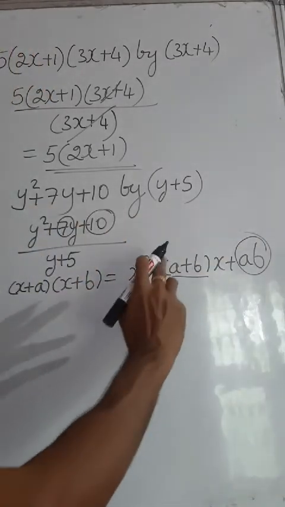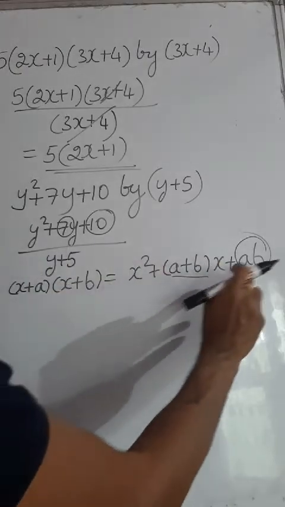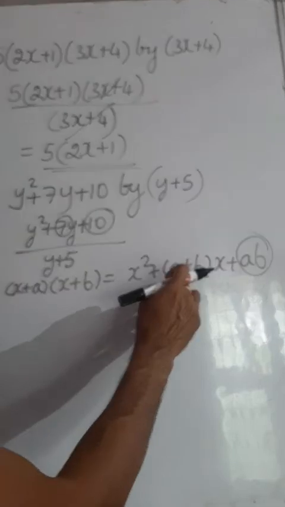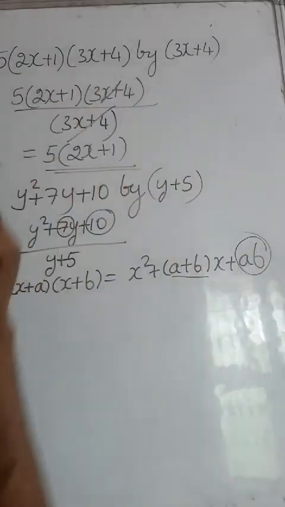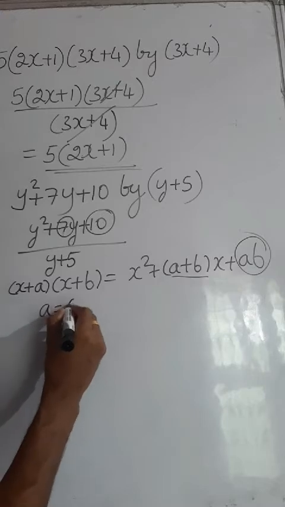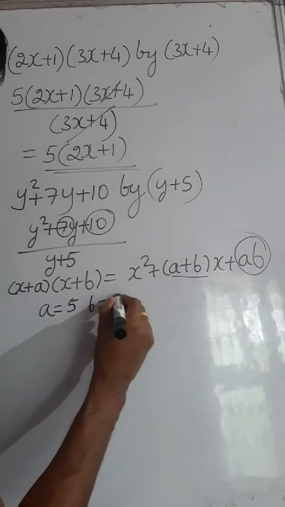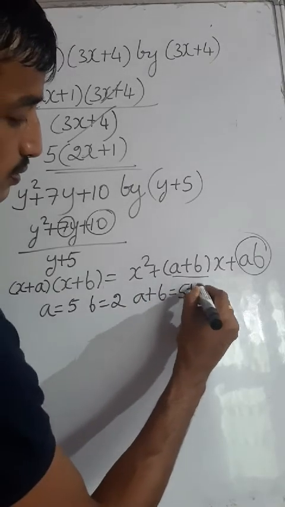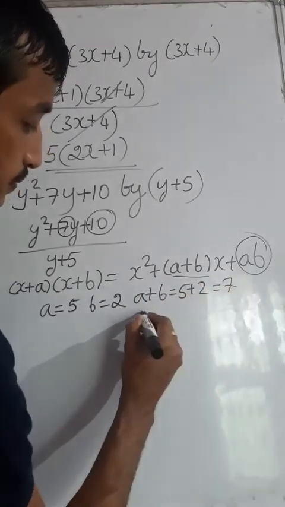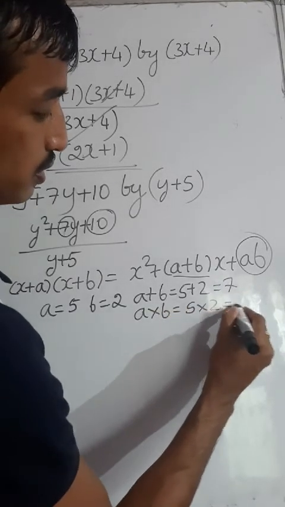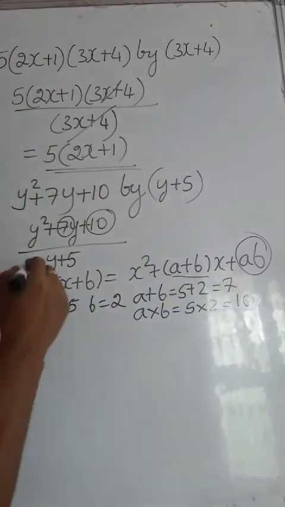Find the two numbers whose sum is 7 and product is 10. You can take a as 5, b as 2: a plus b is 5 plus 2, that is 7, and a into b is 5 into 2, which is 10.